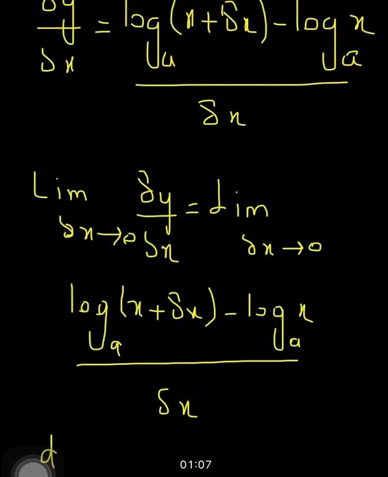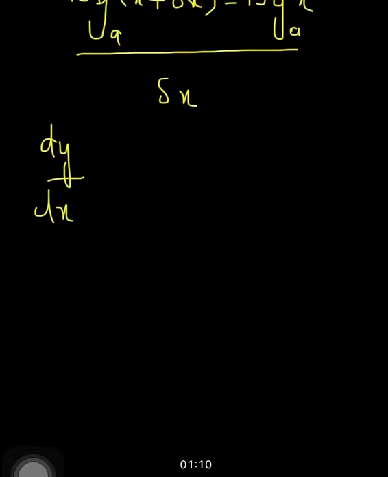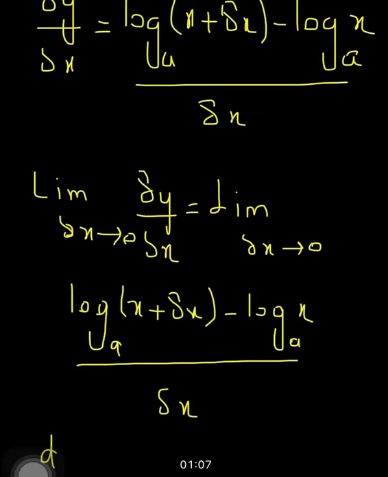Now in the next step, I can say that dy over dx equals the limit. Here, in the place of del x, I put the value h, so h equals del x. Putting the value of h in this equation, in the place of del x I put h.